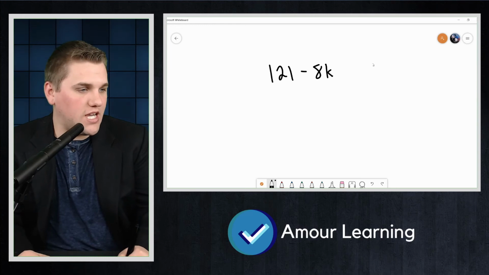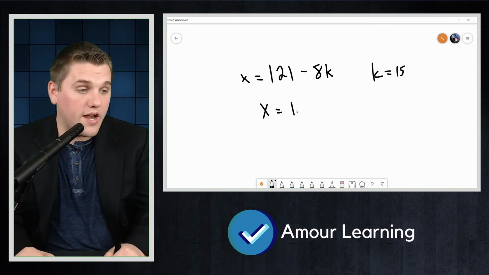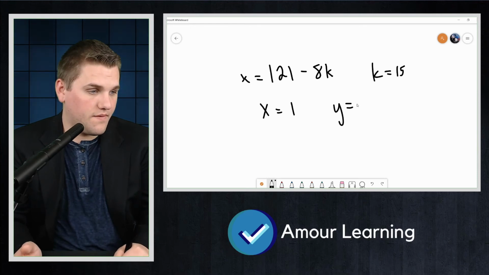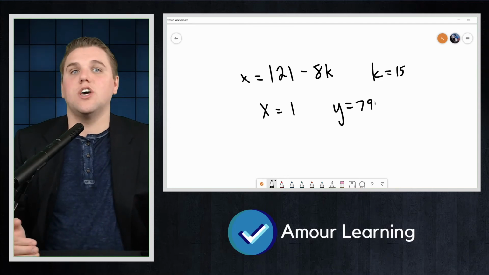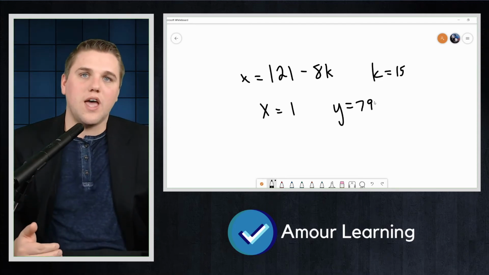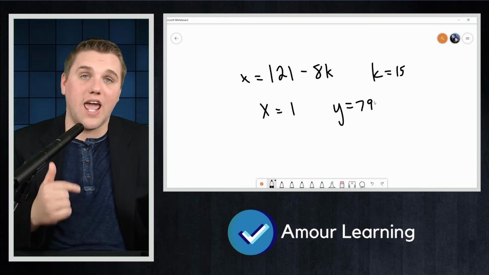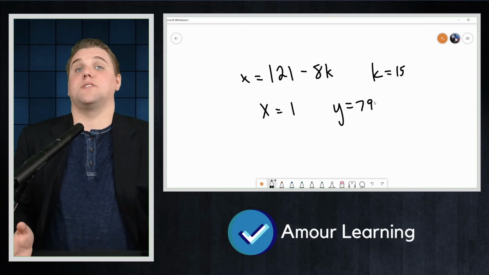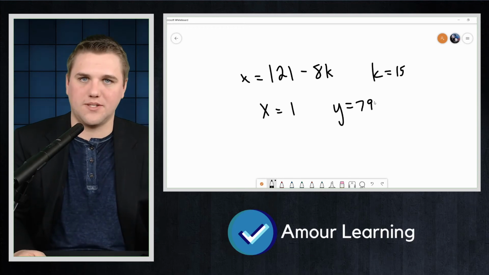When k equals 15, we get that x is 1 and y is 79. Therefore, to make $6.37, you can use as few as 80 stamps, one 5-cent stamp and 79 8-cent stamps, or as many as 125 stamps, where we use 121 5-cent stamps and 4 8-cent stamps.